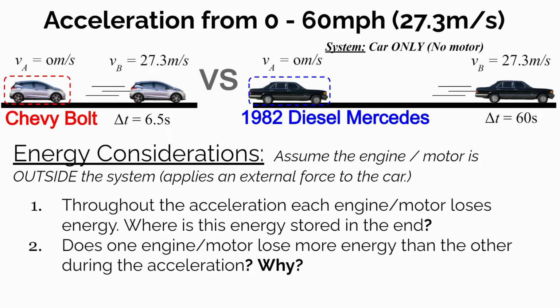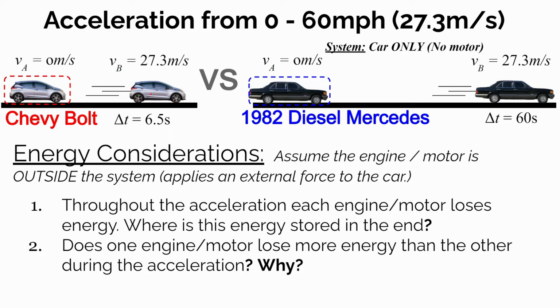So does one engine or motor lose more energy than the other during the acceleration from 0 to 27.3 meters per second? And why? Well, if you think about it, where is that energy being transferred to? In both cases, the battery and the motor, or the fuel and the engine, are transferring their energy to kinetic energy.